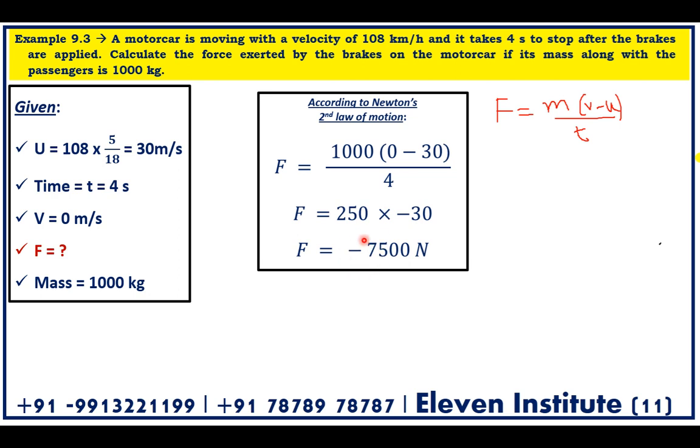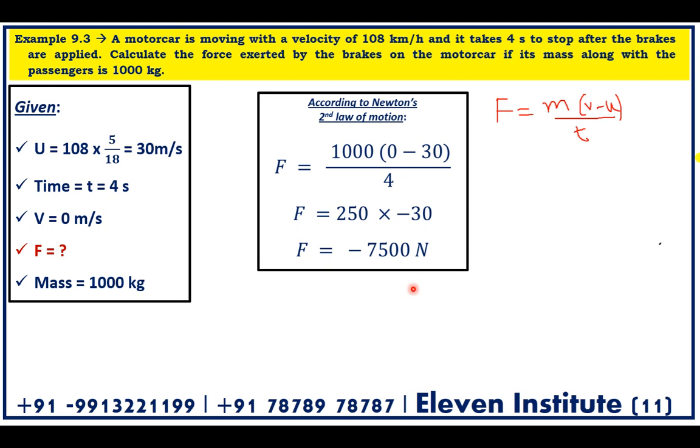Now here we get a minus sign over here. What do we mean by minus sign? Minus sign indicates that force is applied in the opposite direction of motion of the car. The car was moving forward, but due to application of brakes, it was not able to move forward and it stopped.